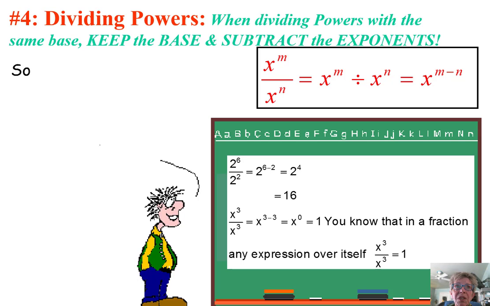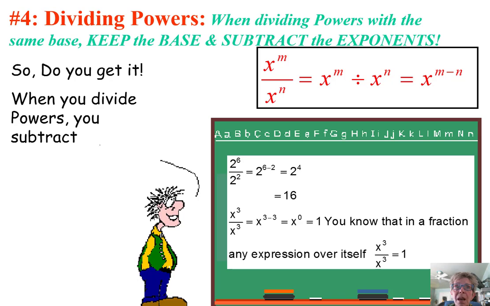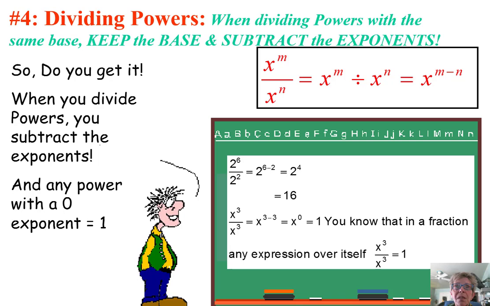The next rule we're going to look at is the zero exponent rule. A lot of students struggle with this concept. Think about the example on the green board. x to the 3rd over x to the 3rd equals x to the 3rd minus 3 by the rule, which equals x to the 0, which equals 1.